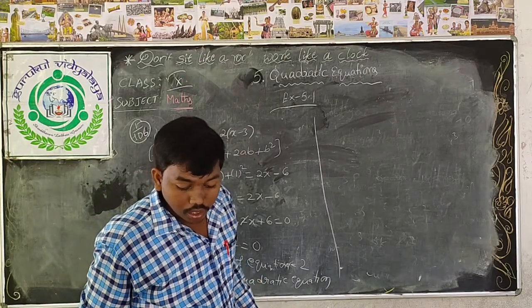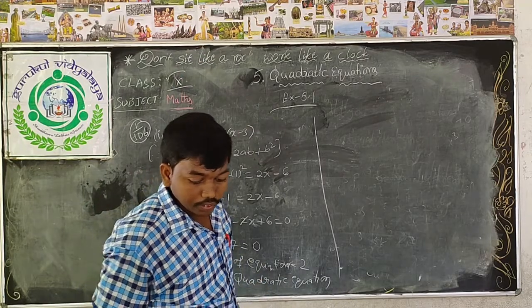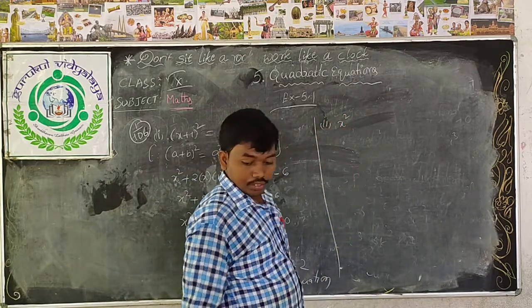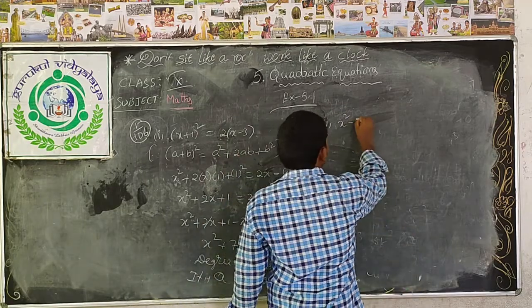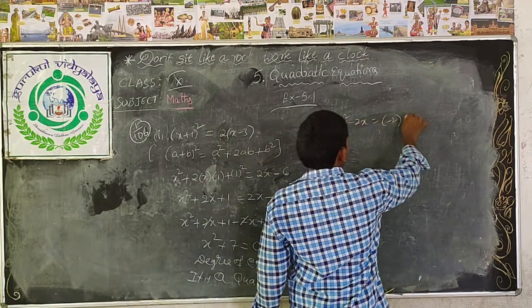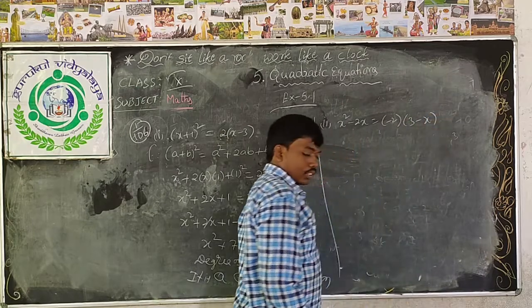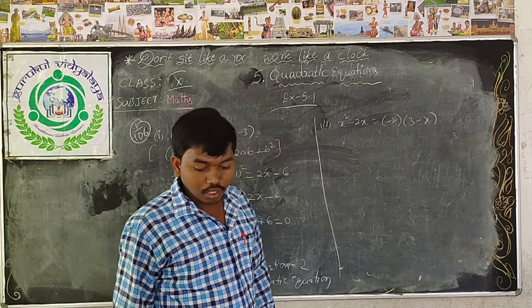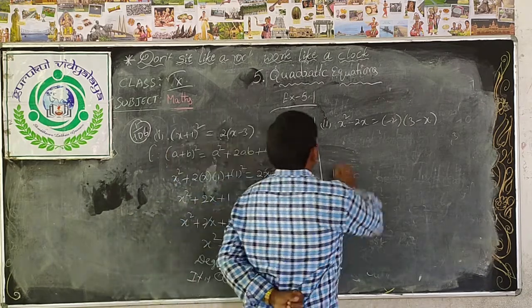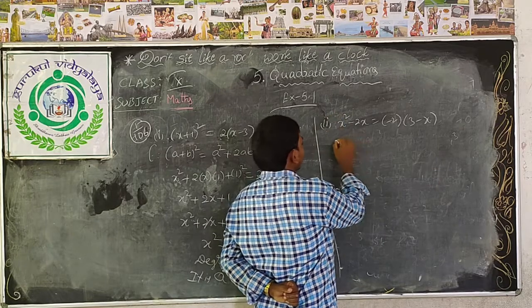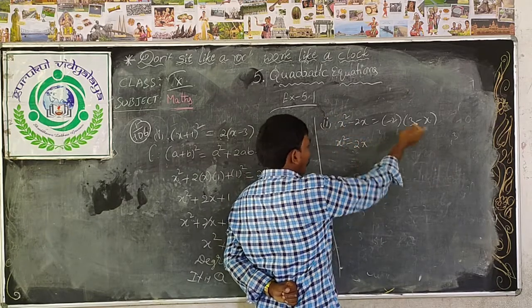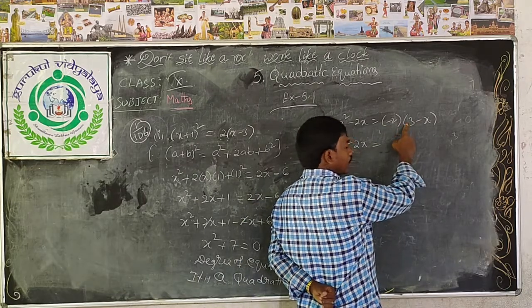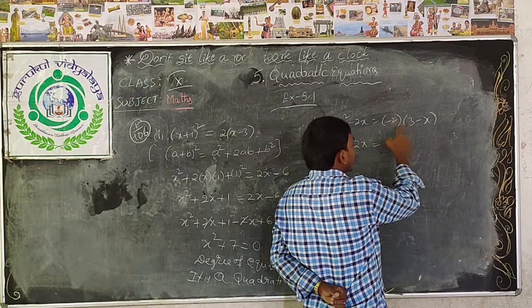The second one: x square minus 2x is equal to minus 2 into 3 minus x. No need to simplify the left side. On the right, what is the symbol of 3?